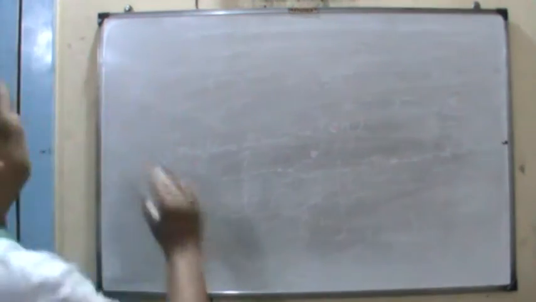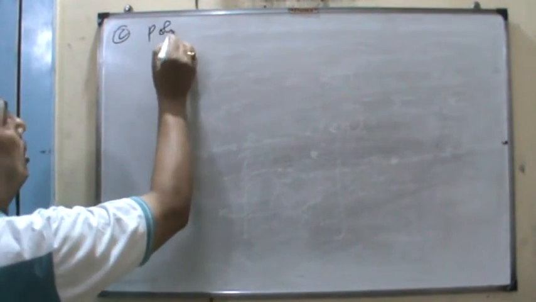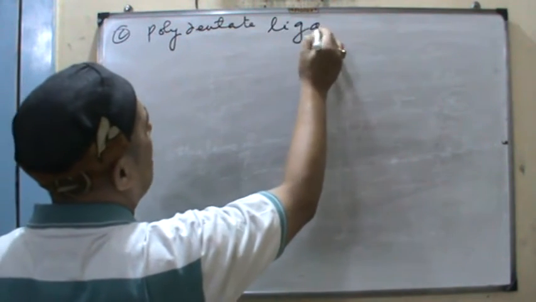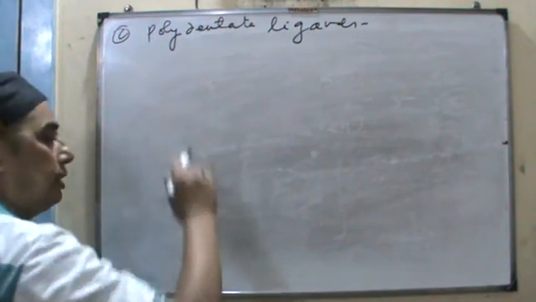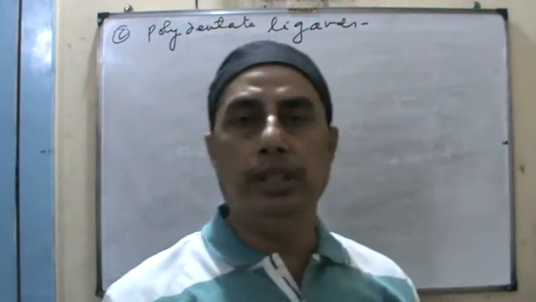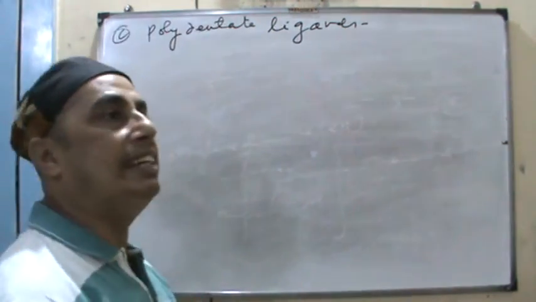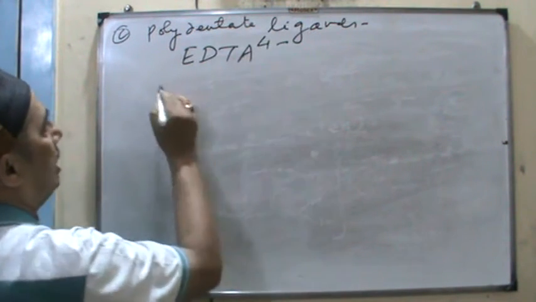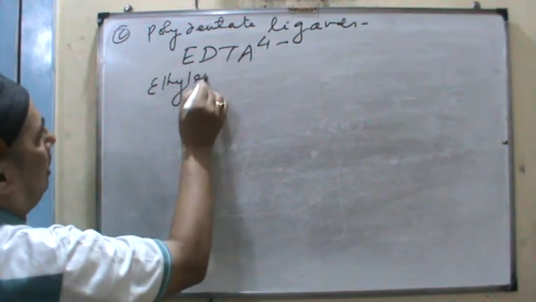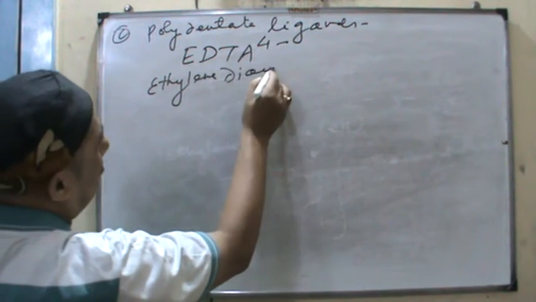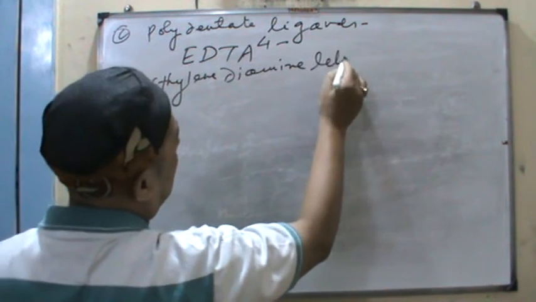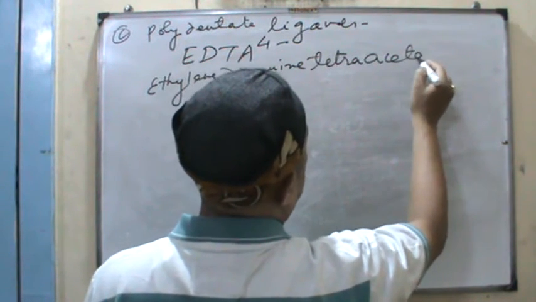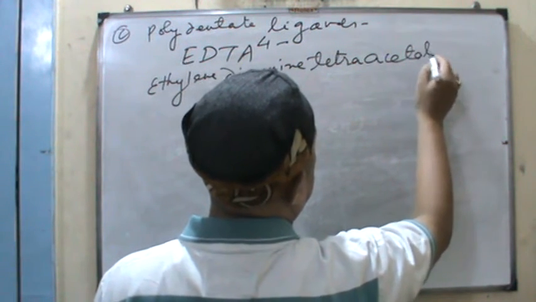Now third is the polydentate. These are very few in number and rarely used. More than 2 donor atoms are known as polydentate ligand. The best example is EDTA4 negative. What is EDTA? Ethylene diamine tetraacetate.